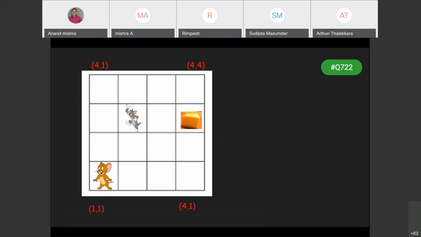This is the scenario. We have a 4x4 grid with Tom and Jerry, and then there is a cheese.